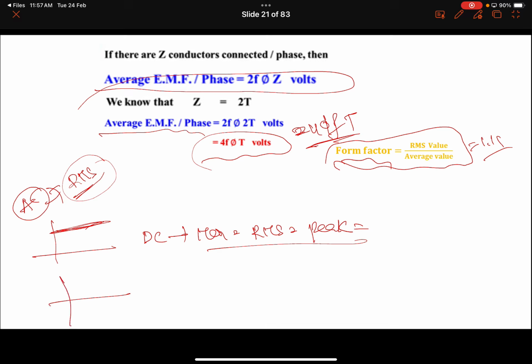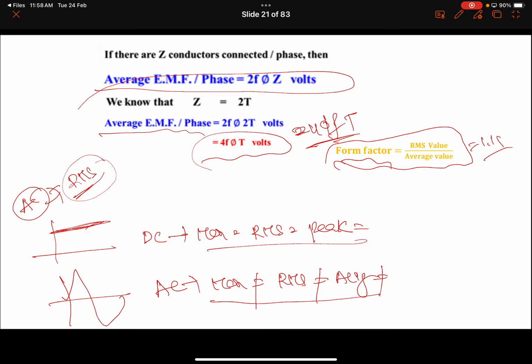Whereas in AC, if I consider the total waveform, the maximum value is different, the RMS value is different, the average value is different. So always AC supply we will consider in terms of what? We'll consider in terms of RMS.